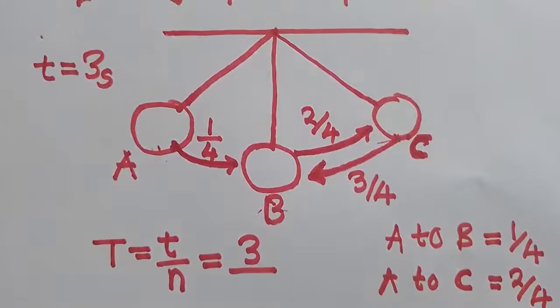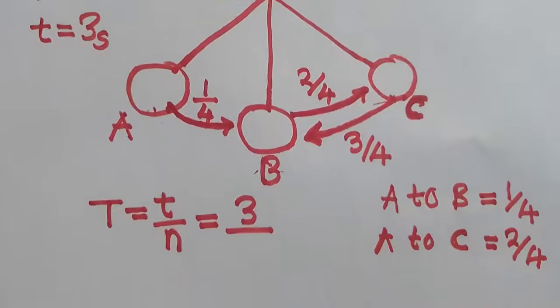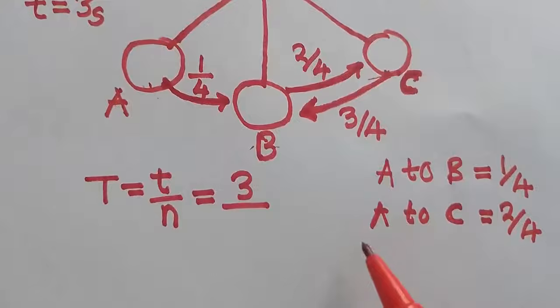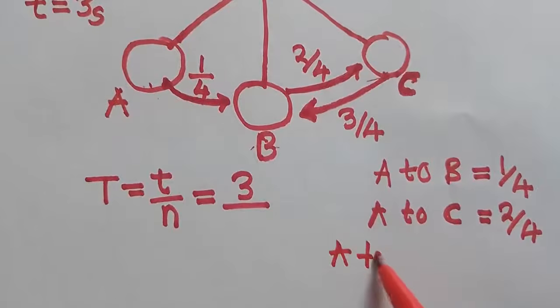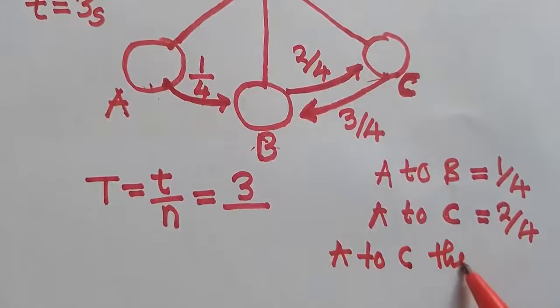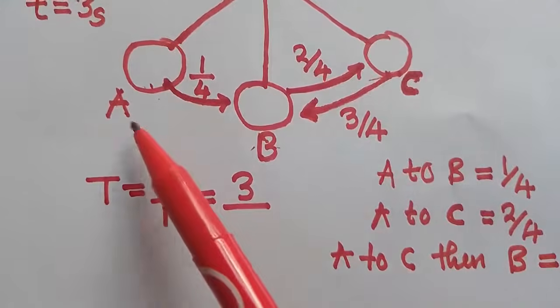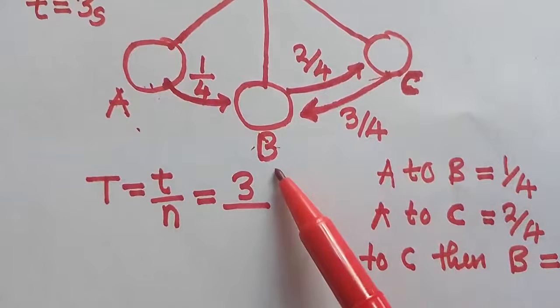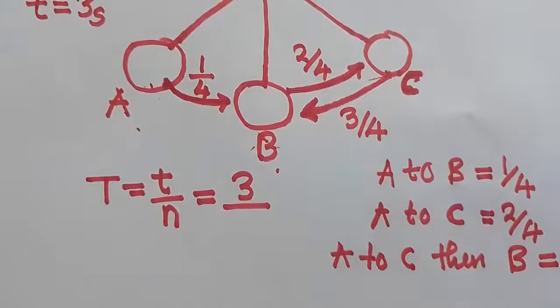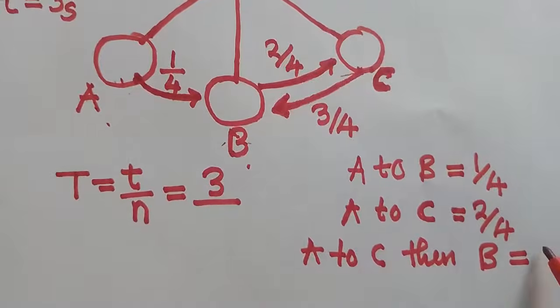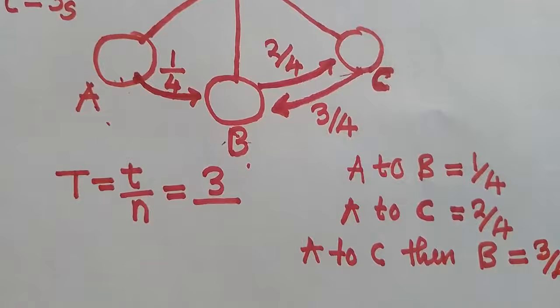Then the other thing is that it has now moved from where to where? It has moved from A to C, then B. N is what? It has moved from A to C, then come back to B, which is 3 over 4. The one that I've written here, so 3 over 4.